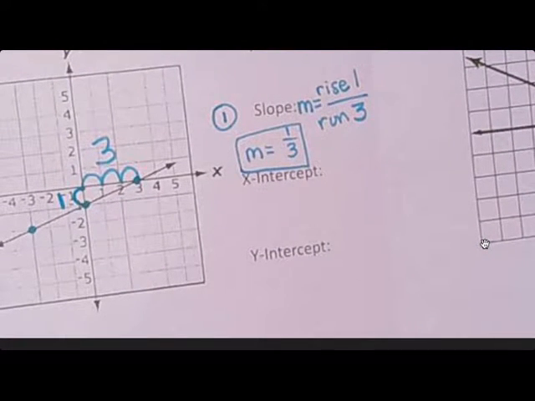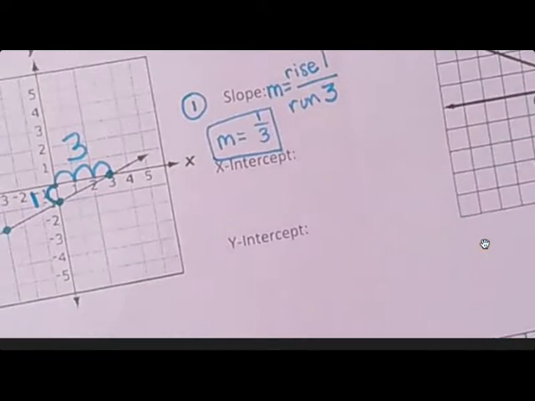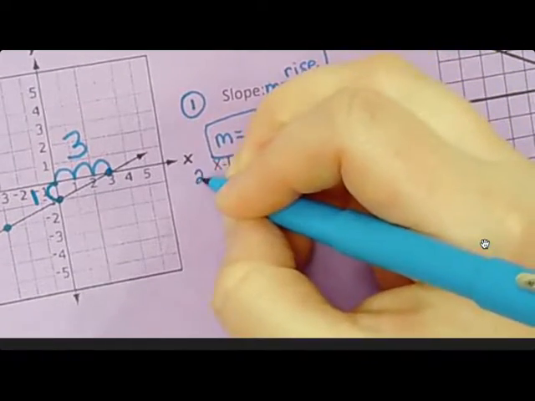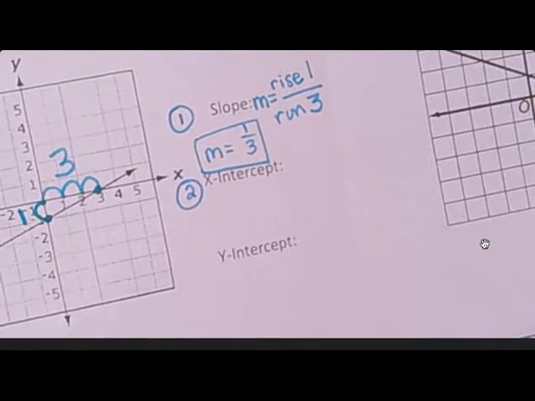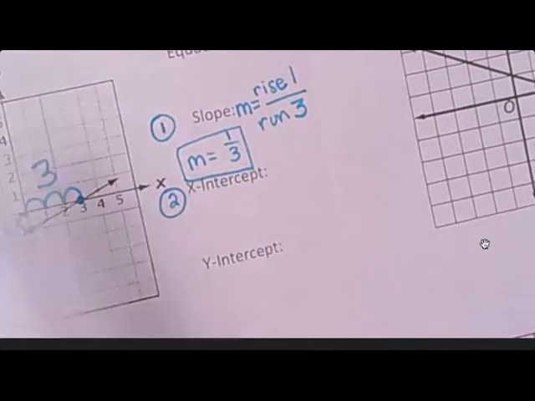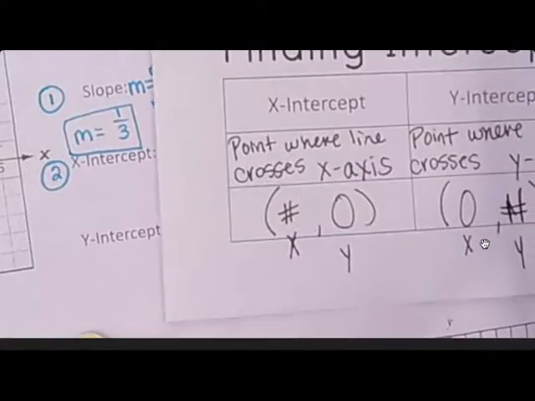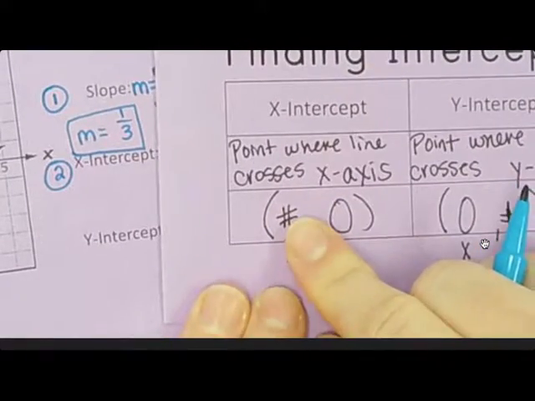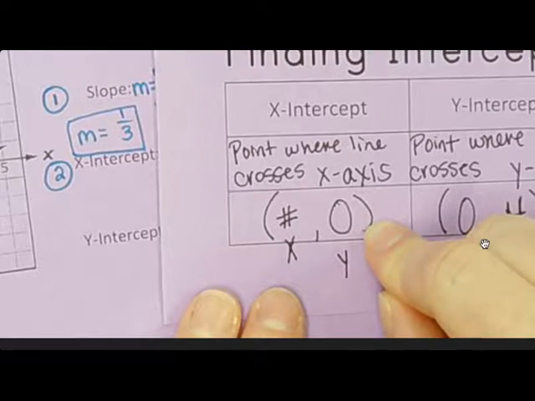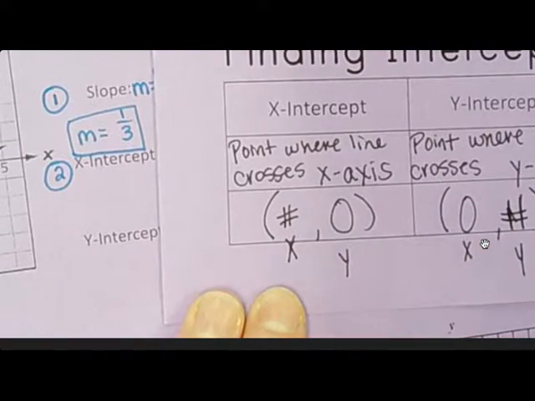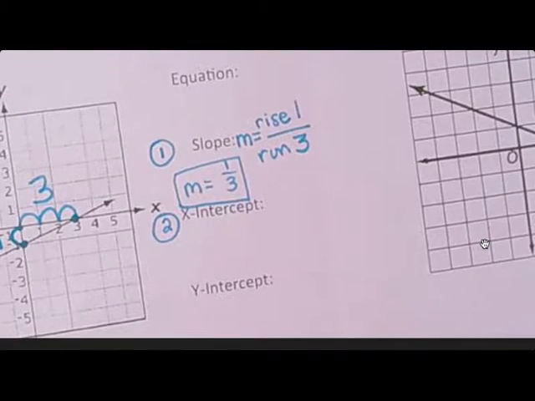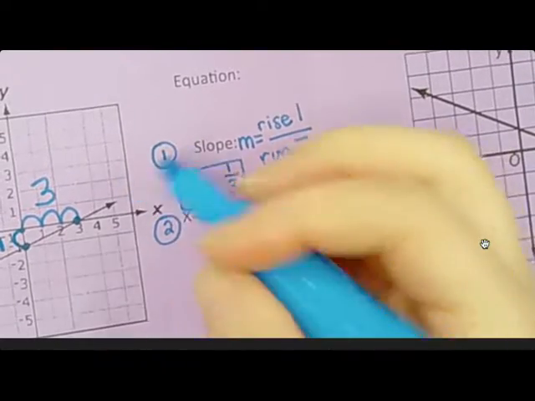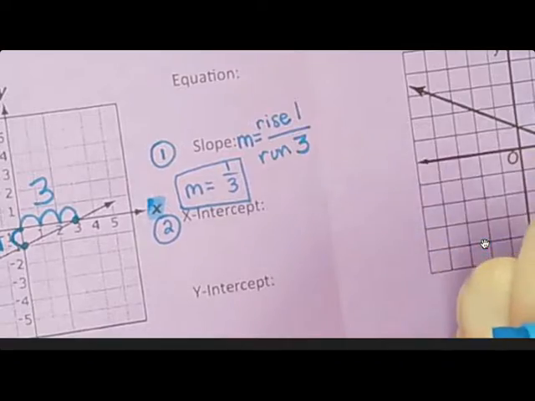Okay, and then the next thing is number 2, the x-intercept. So over here, we wrote the x-intercept as a number and 0 for y. It's where it crosses the x-axis. So the x-axis is right here.